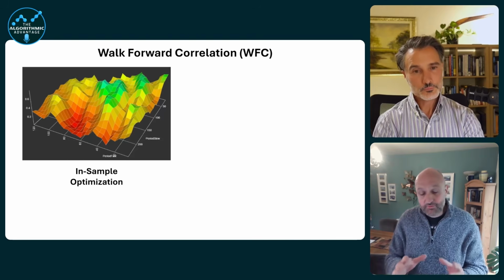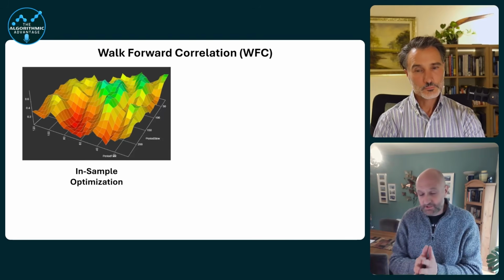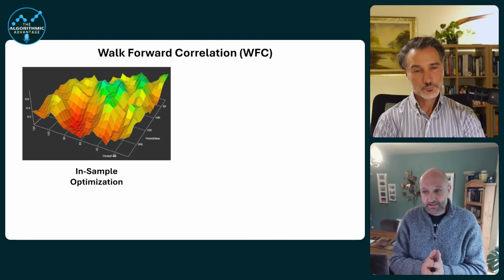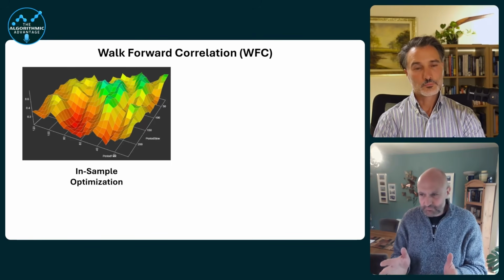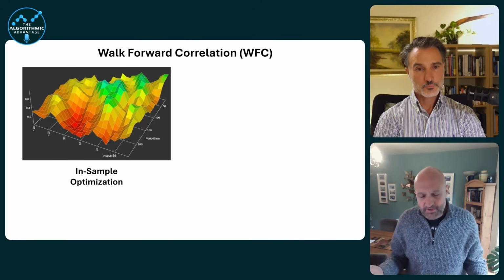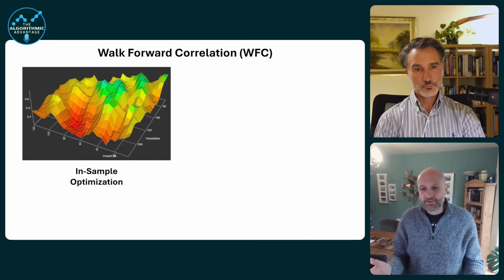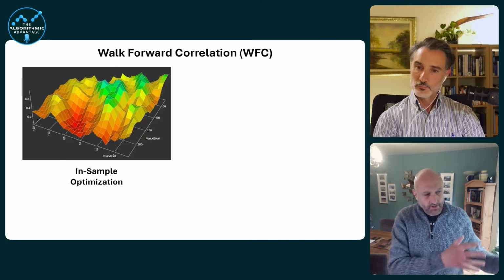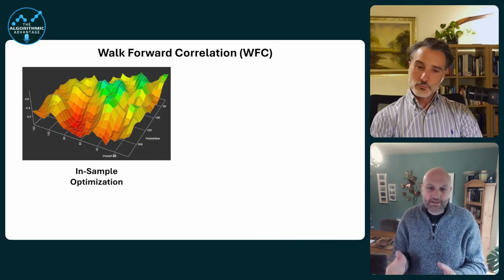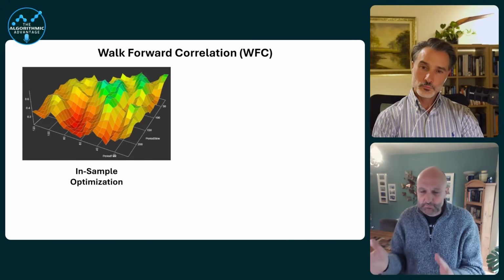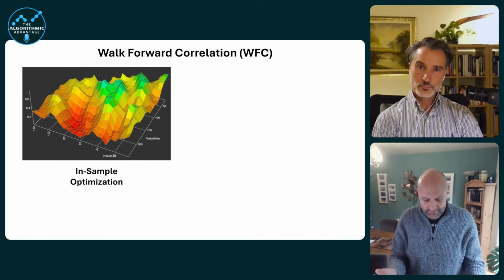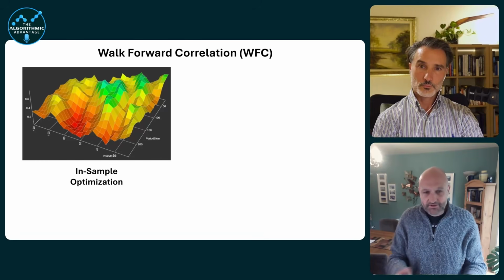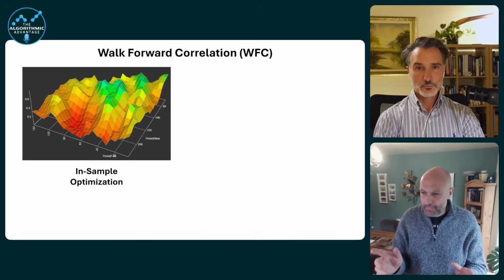Let me show you how walk forward correlation, this new technique, is completely different. Here, you perform your in-sample optimization in exactly the same way. There's no difference. Everything up until the point of performing your final optimization, after your development, your trials, everything else, is exactly the same.